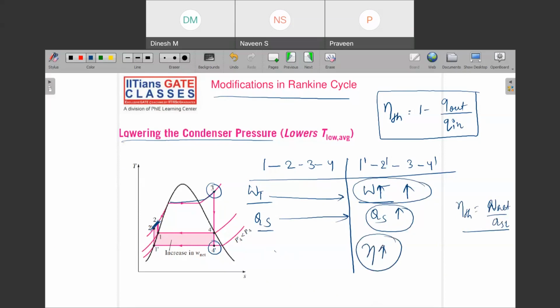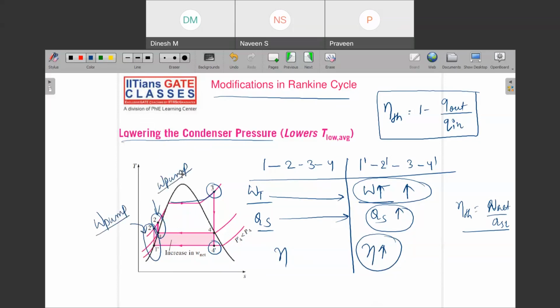Yes or no? Why? Because your W net has increased, your W turbine has increased, and simultaneously your heat supplied has also increased. And you must be wondering why we are not calculating this work, from 1 to 2 and 1 dash to 2 dash. This is pump work, W pump, but this magnitude is very less compared to turbine work.